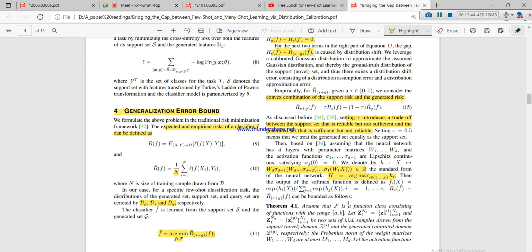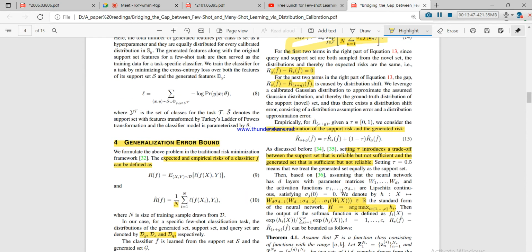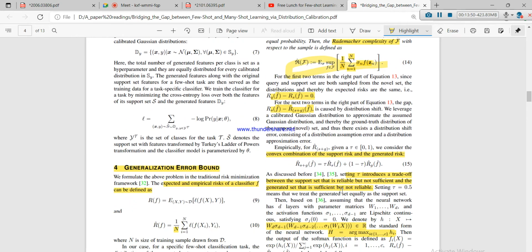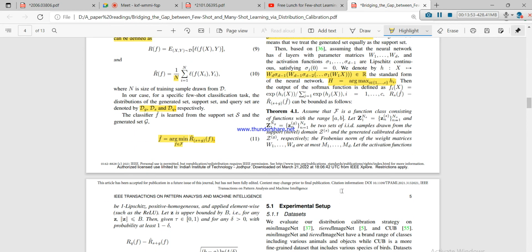So one more theorem they have given here. I think the first was a definition, and the theorem is: assume that f is a function class consisting of functions with a range of a comma b. Let Z_S be the set of z_n, n equals 1 to n_s, and Z_G be the set of z_n, n equals 1 to n_g, two sets of independent and identically distributed samples drawn from the support novel domain Z_S and the generated calibrated domain Z_G respectively.